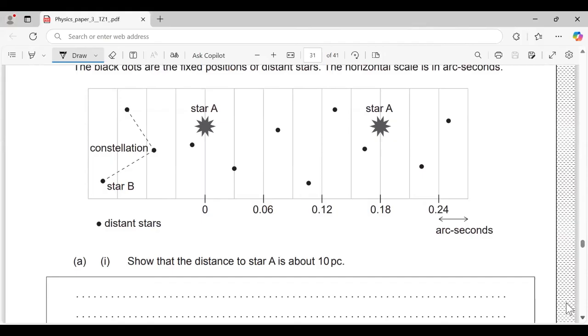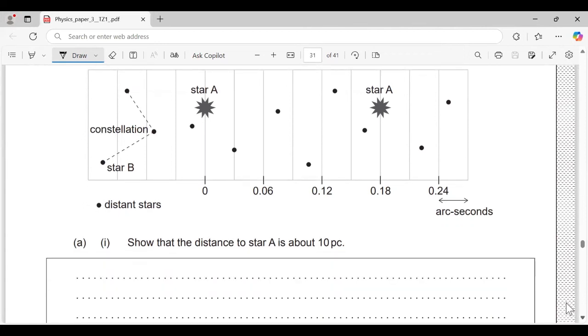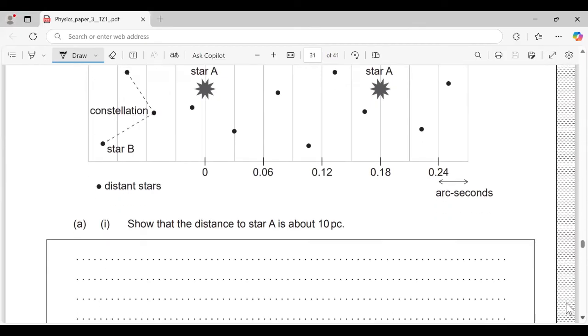So it means, from the star to the star are about 0.18 arc seconds.